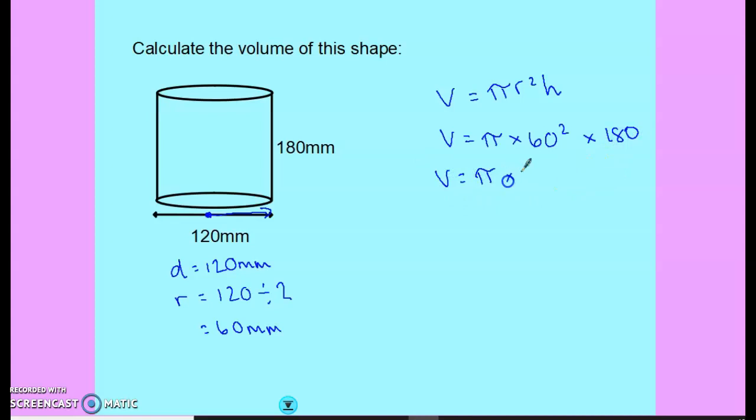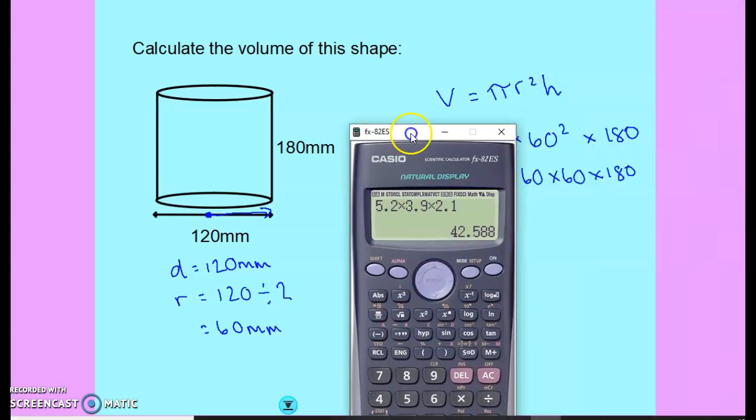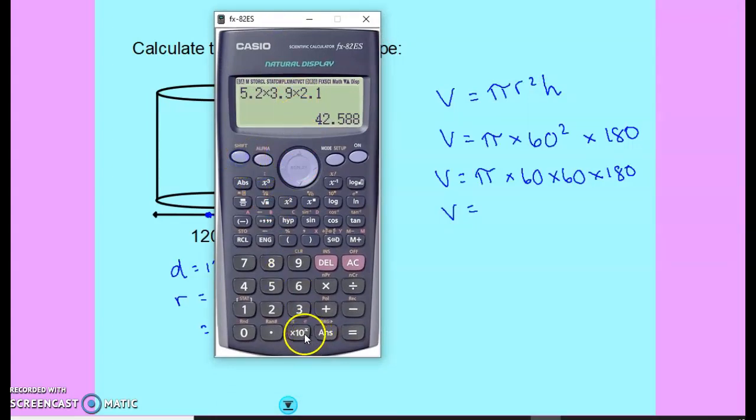Remember that squared means times by itself. You can type it into your calculator using the squared button. If you don't want to do that, just do the times 60 times 60. Remember, it's times by itself, not times by 2.